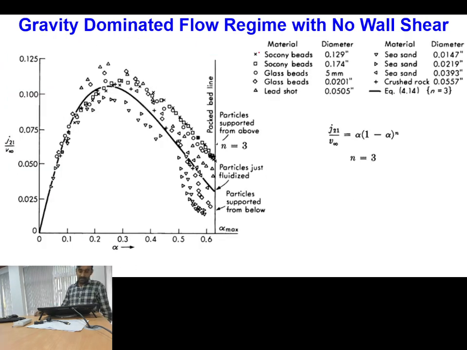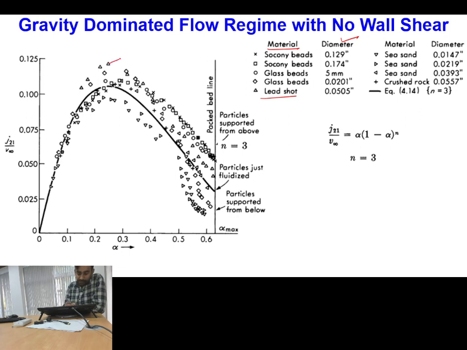So this is one graph which shows how system characteristics can actually be predicted. These are the different experiments. You can see different materials. These particles were tested in tubes, and these were the diameters of the tubes in which the experiments were done.